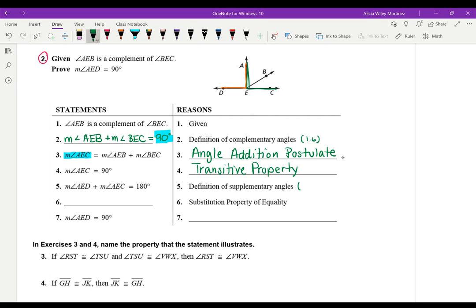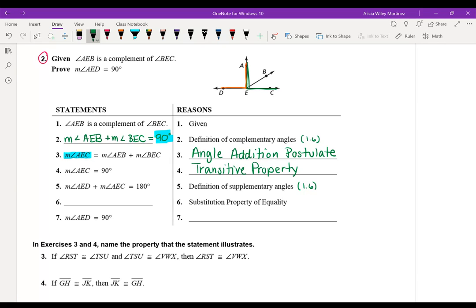Remember, supplementary angles, again coming from section 1.6, is the idea that two angles add up to 180 degrees. Okay, so there is that statement there. And that's because they create a line, right? So then we have in step 6, because there's nothing to fill in for step 5, they're using the substitution property.